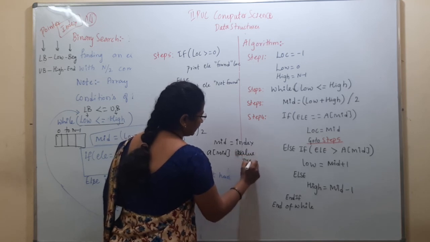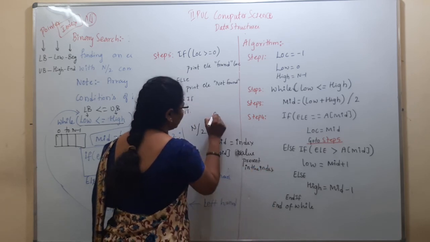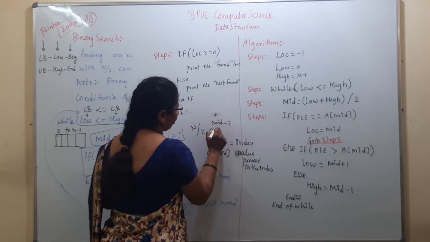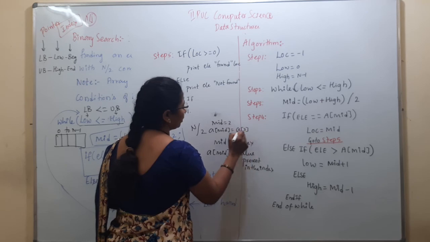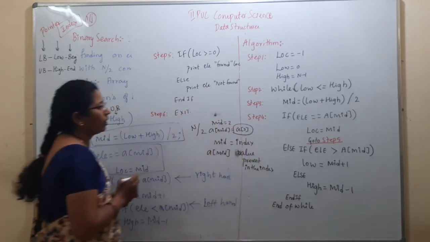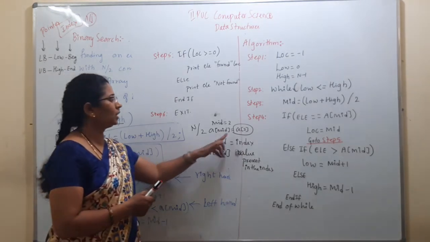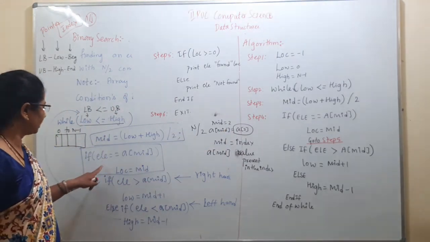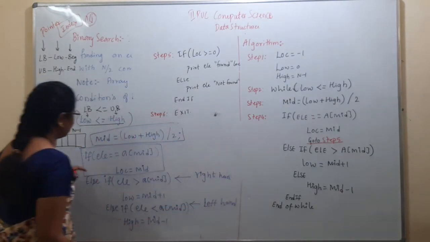That means if mid is 2, then A of mid is nothing but A of 2, the content present in A of 2. 2 is an index. A of 2 is the content present at index 2. If you know that, then it is easy to understand. So please understand this, students.